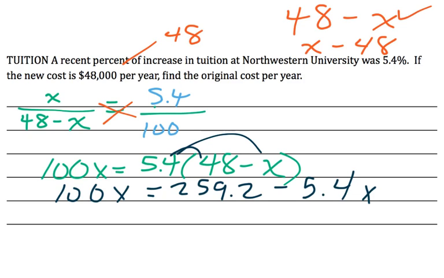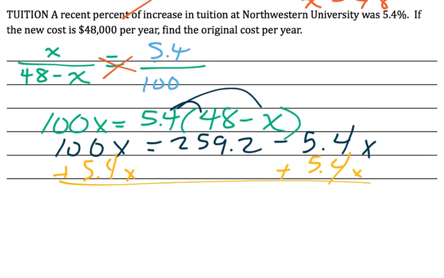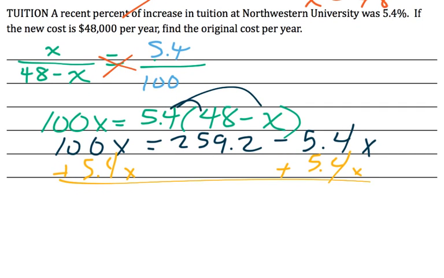Now to fix this and solve it, I'm going to add 5.4x to both sides. Give myself a little bit more room to work with. And then I'll have 105.4x equals 259.2. You'll hear me dividing on my calculator, 259.2 divided by 105.4.